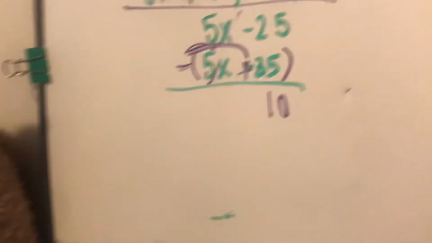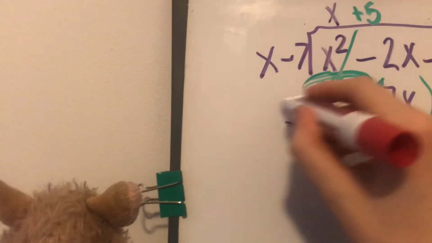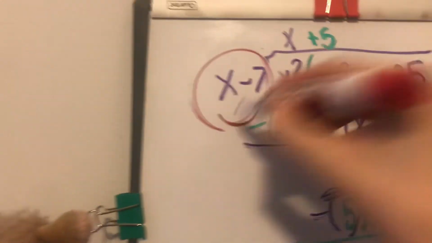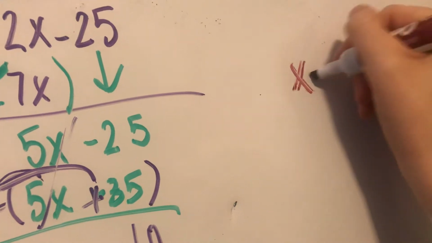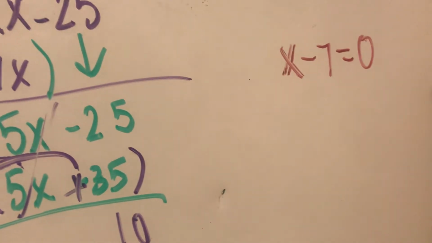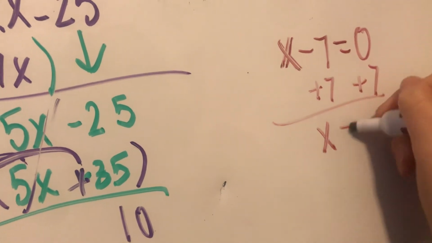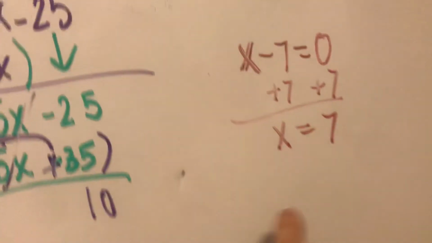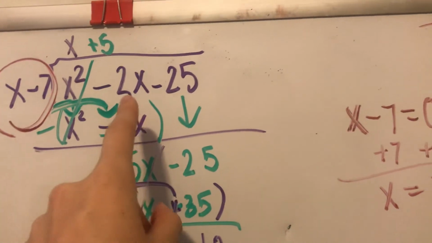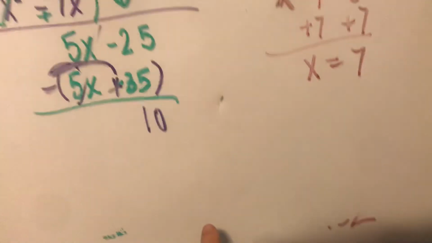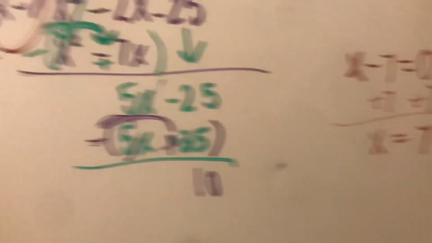But if I use the remainder theorem, which is what we just learned today, I can take this x minus 7 and set that equal to 0, which simply means that x is equal to 7. If I substitute this 7 into x squared minus 2x minus 25, I should be getting 10 as an answer. So let's go ahead and prove that.